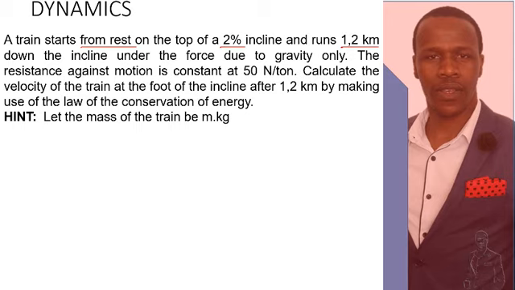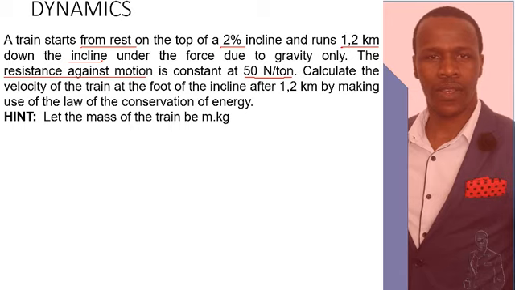We are told that this is an incline and there is no force that has been applied. That means there is no Ft. This is resistance against motion, which is Fr. Obviously there is our Fr.